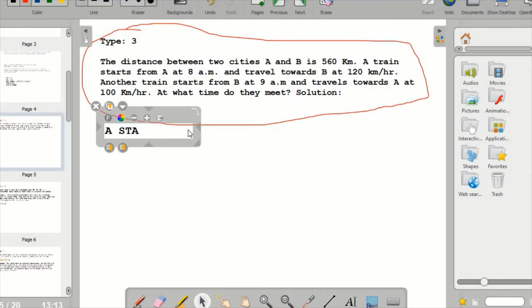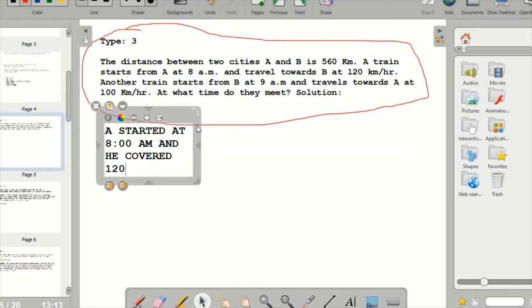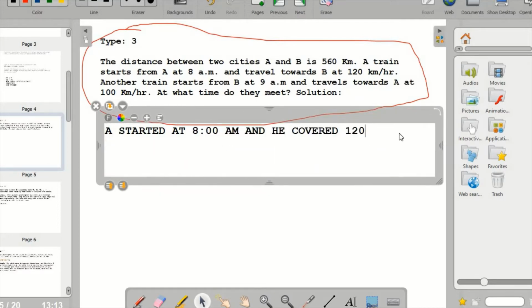So here A started at 8 a.m. and covered 120 kilometers.